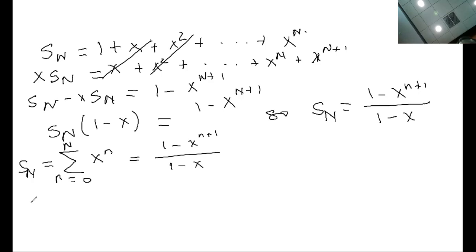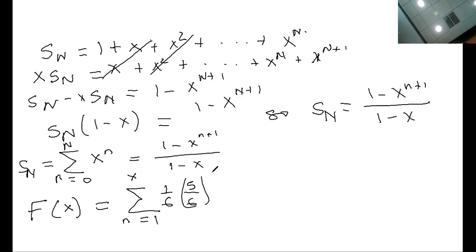Now remember that capital F of x is equal to the sum of, let me write n equals 1 to x, 1 over 6 times 5 over 6 to the n minus 1.